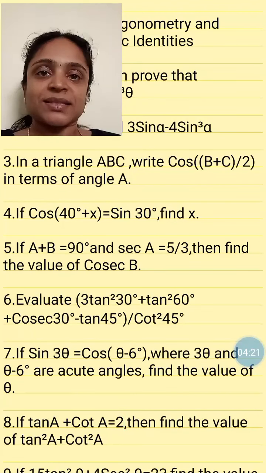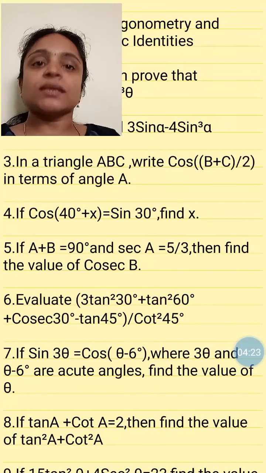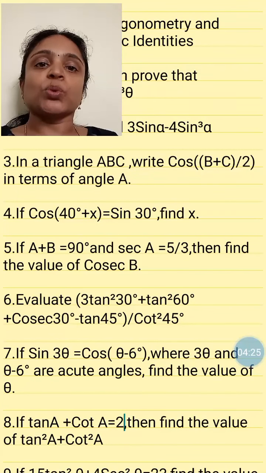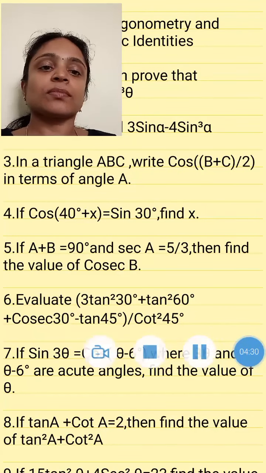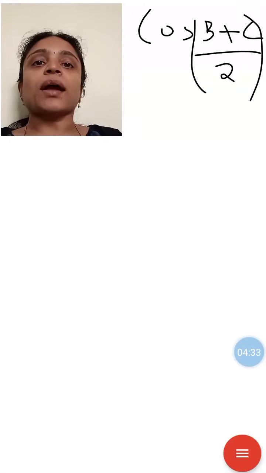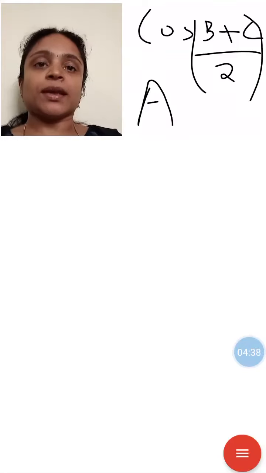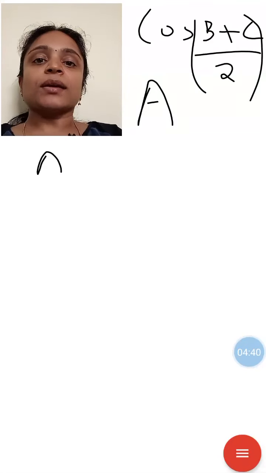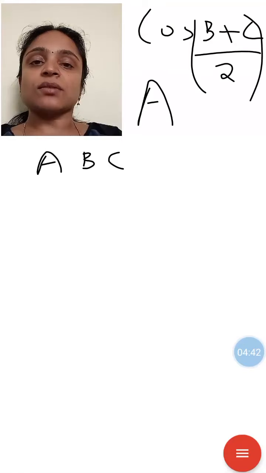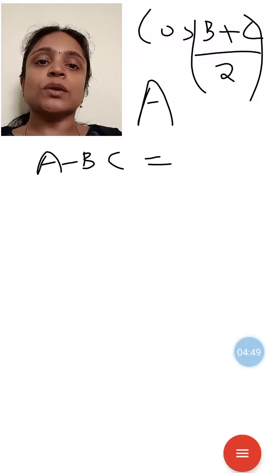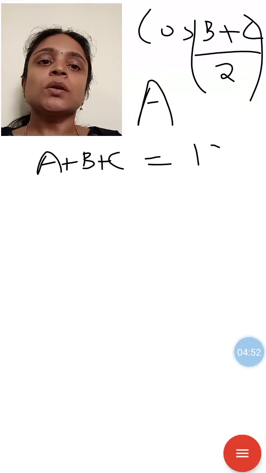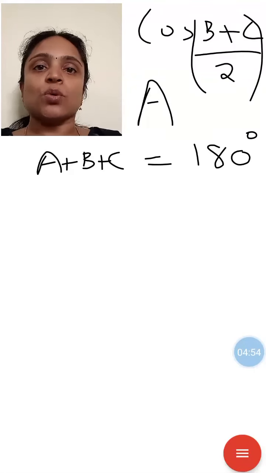Next question. In a triangle ABC, write cos B plus C by 2 in terms of angle A. Given triangle ABC, and in a triangle, angle A plus angle B plus angle C will be always equal to how much? 180 degree, right? So, what is B plus C?